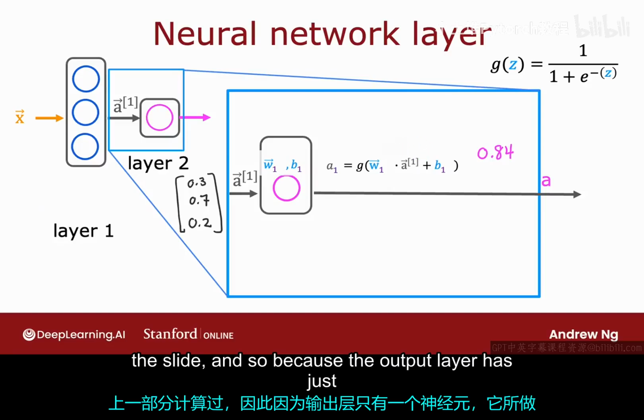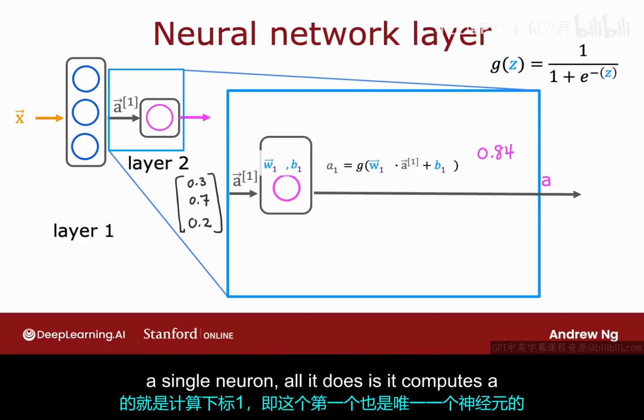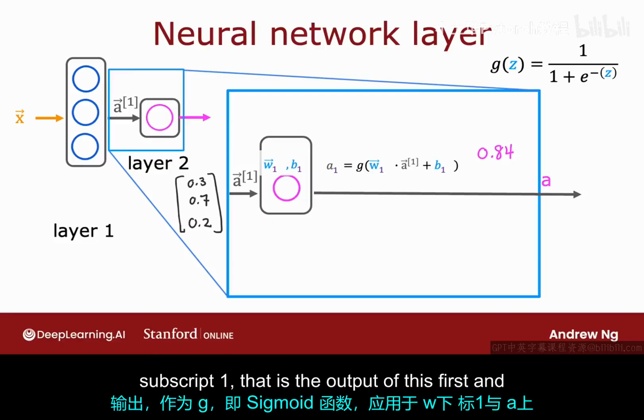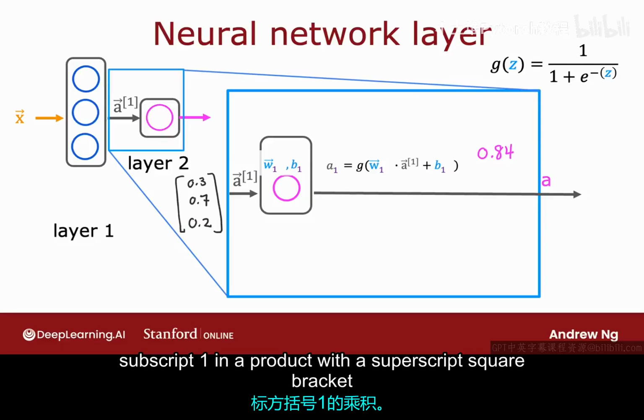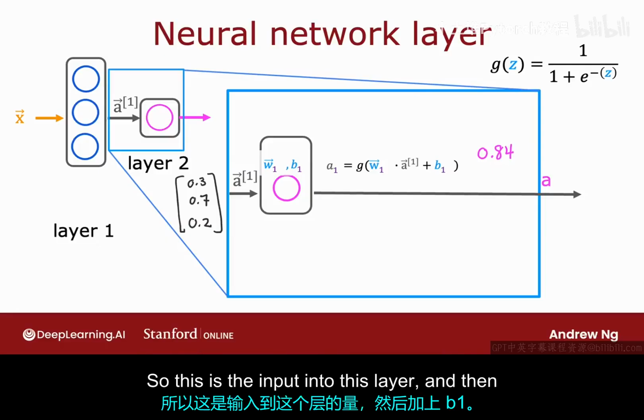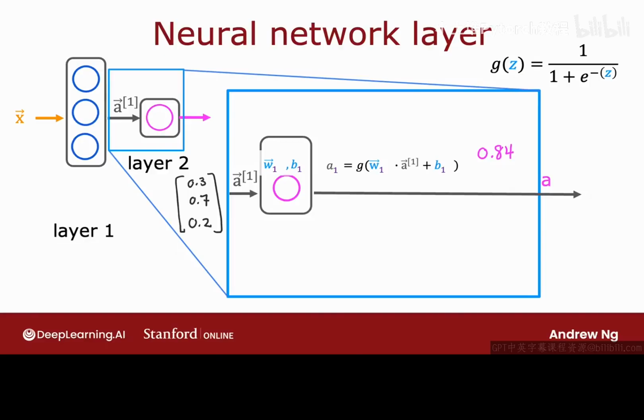And so because the output layer has just a single neuron, all it does is it computes A subscript 1, that is the output of its first and only neuron, as G, the sigmoid function, applied to W subscript 1 in a product with A superscript square bracket 1. So this is the input into this layer, and then plus B1.